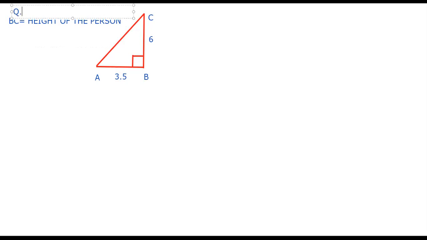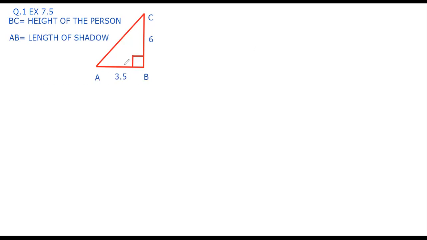It is question number one, and this is exercise number 7.5. Once that has been done, you will write the length of the shadow on the ground, that is AB. This is the length of the shadow, fine. And we have been asked to find the angle of elevation.